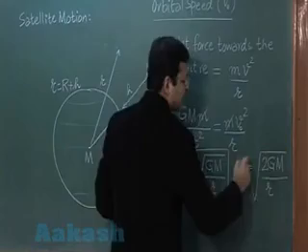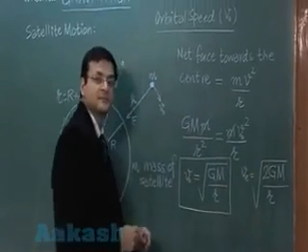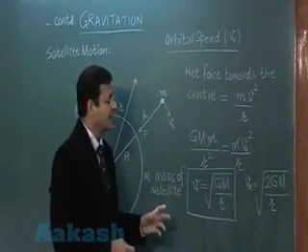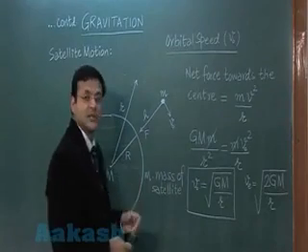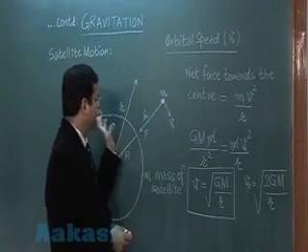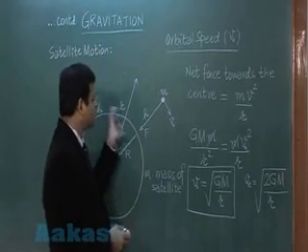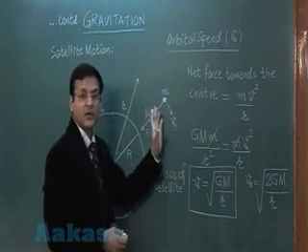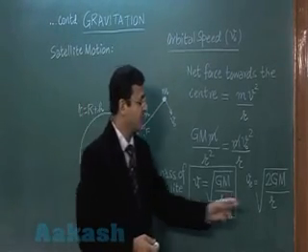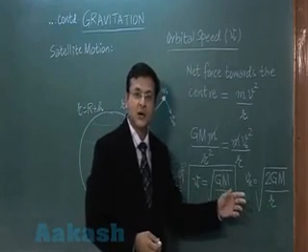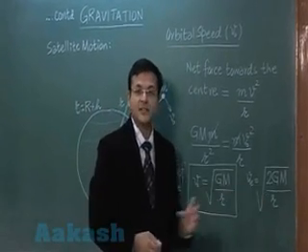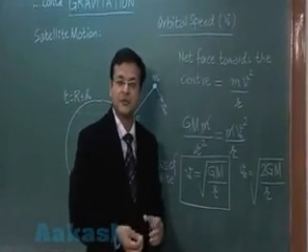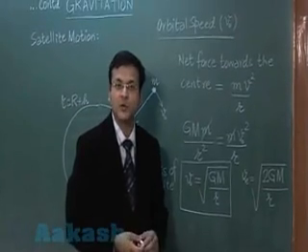This was the expression for escape speed. And we had said that on the surface of the earth itself, it has variations because the acceleration due to gravity is varying, and in case the satellite is on higher altitude, then this small r is changing. On the surface of the earth, this small r was replaced by capital R, and its value came out to be approximately 11.2 km per second.